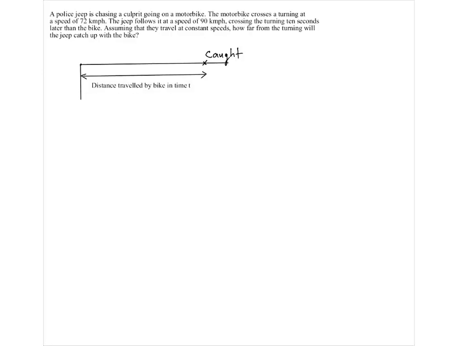So he'll get caught after 4 seconds. My question is, if this distance after turning is covered by the bike in time t, then the jeep will also have to cover the same distance. In how much time will the jeep cover that much distance? So t plus 10 seconds.